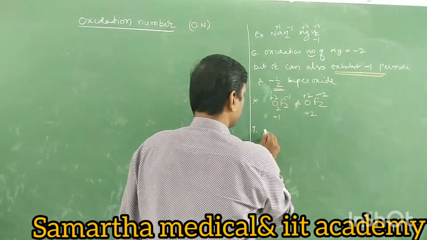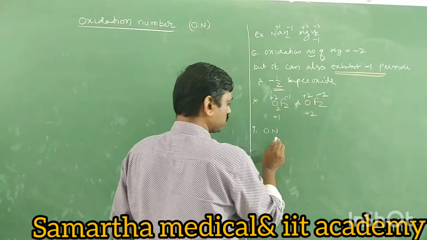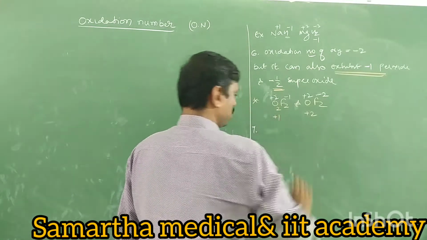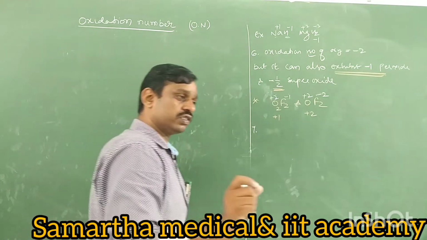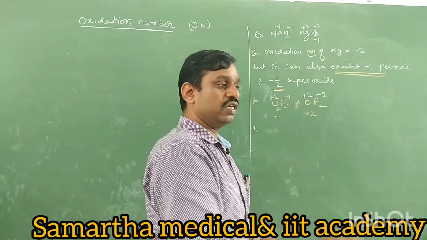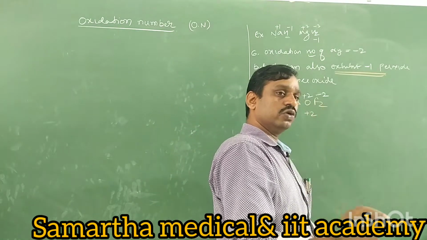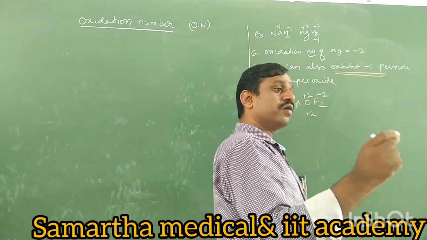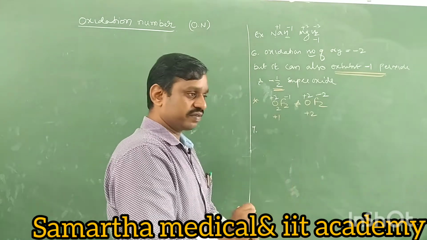Next is, see, the maximum oxidation state of any element is equal to its group number or valence electron. The maximum oxidation number is always equal to group number or number of valence electron, whereas the minimum oxidation number of an element is always equal to group number minus 8. Okay.